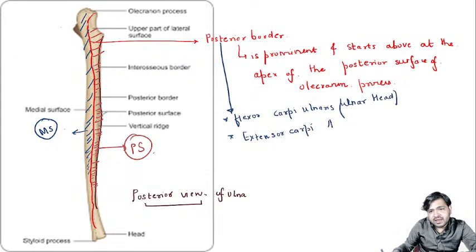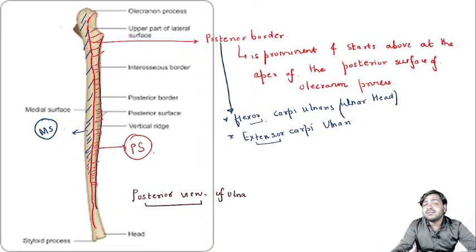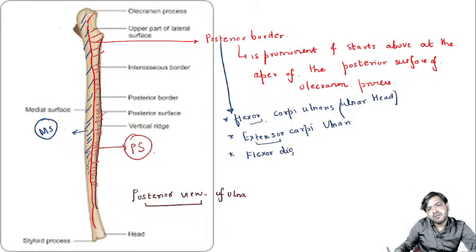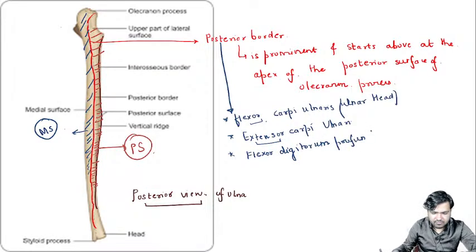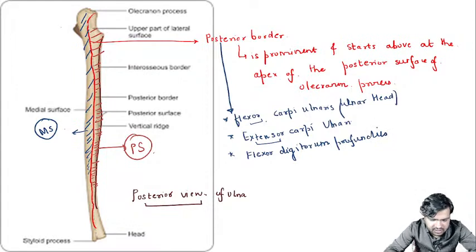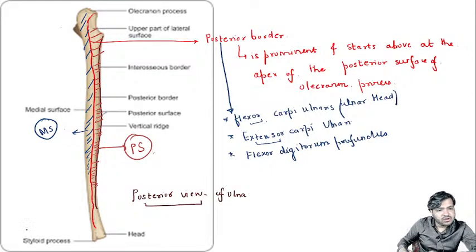You can tell from the name itself: one helps in flexion, the other helps in extension. I have already discussed in general anatomy what flexion and extension are. And one more, it is the flexor digitorum profundus. In order, you will find they arise from a common aponeurosis.